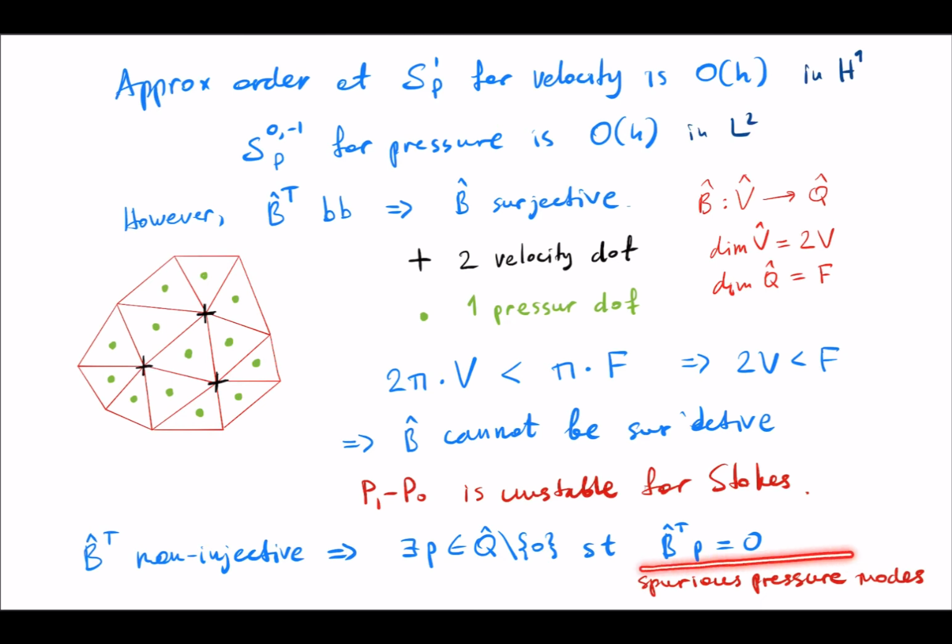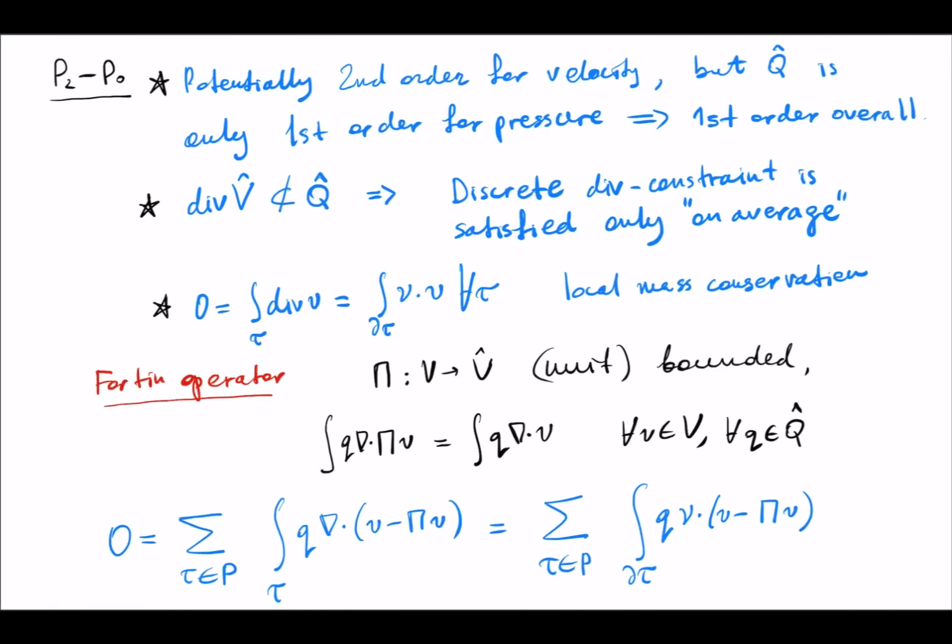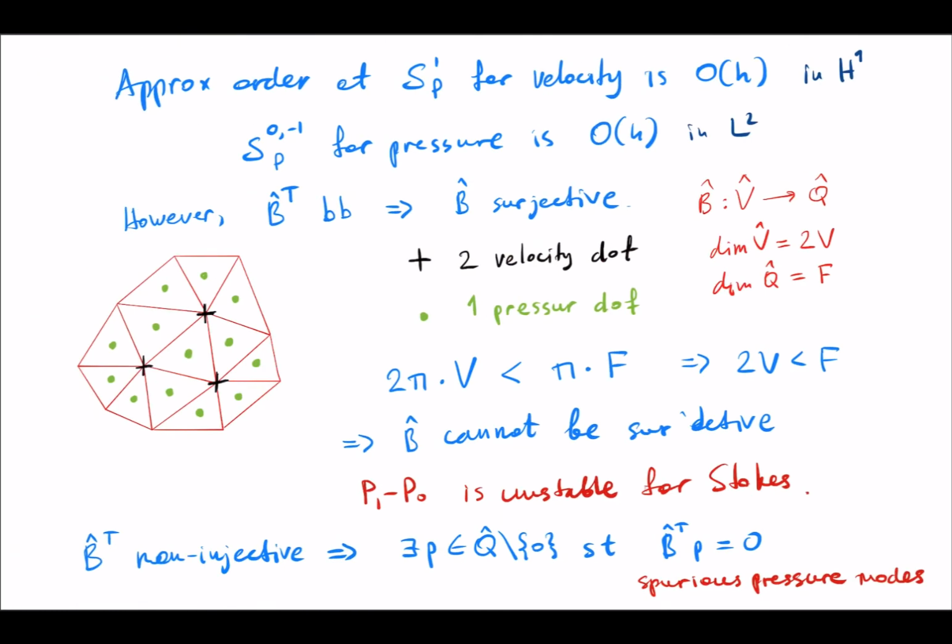These pressure modes are called spurious pressure modes, which are not real pressures. Okay, so this element doesn't work, and the reason was that the velocity space was too small. You have too few degrees of freedom for the velocity.